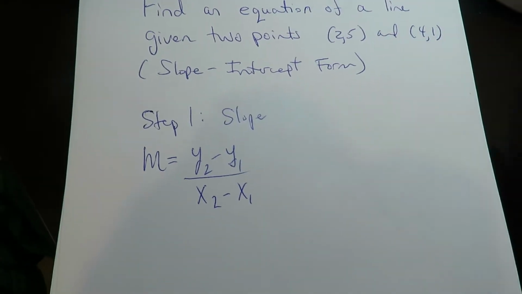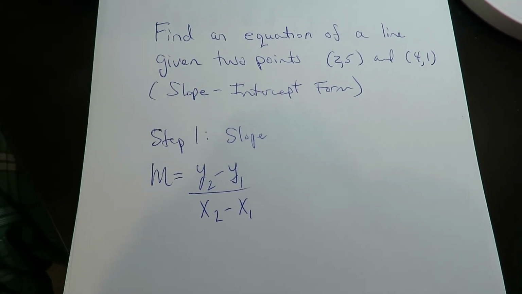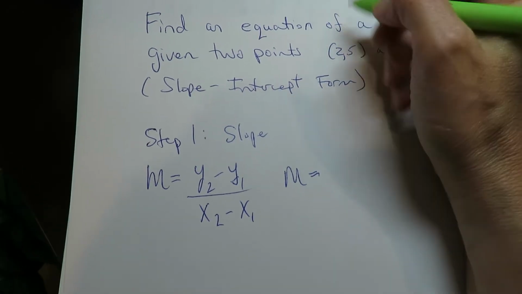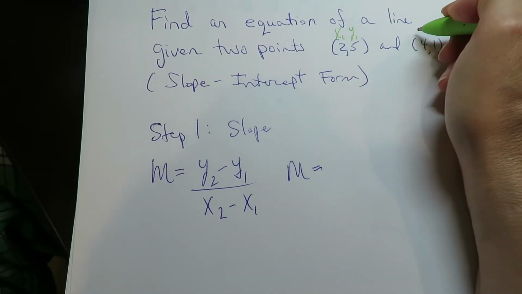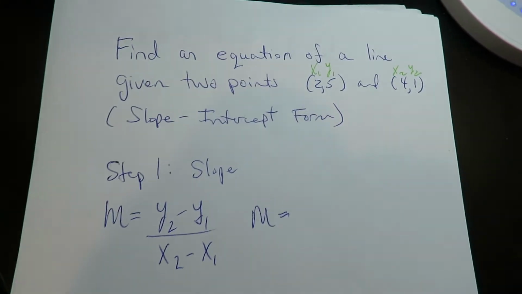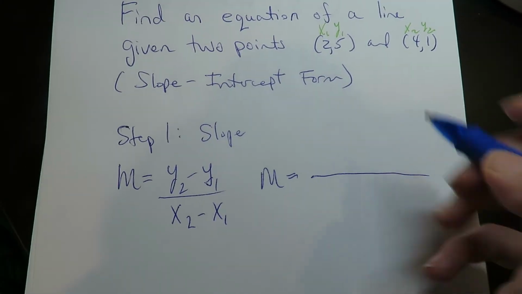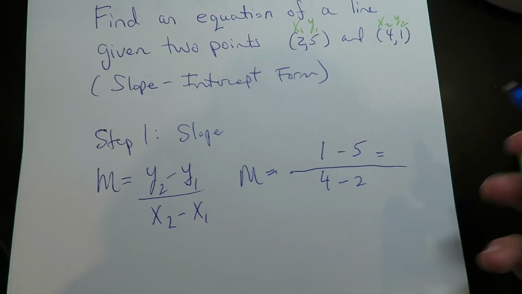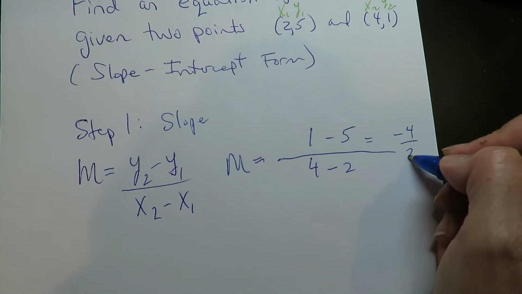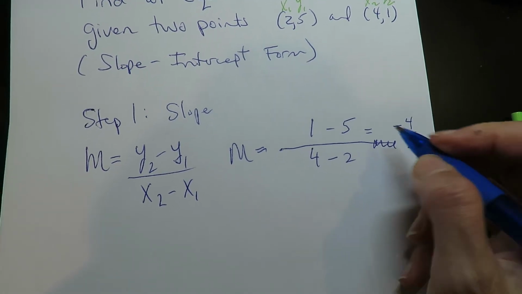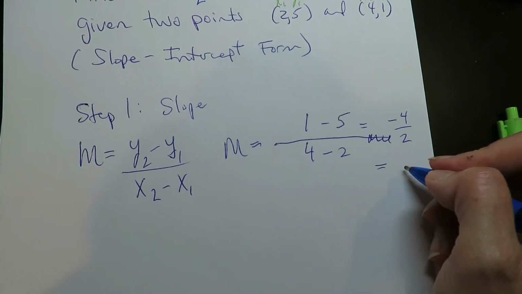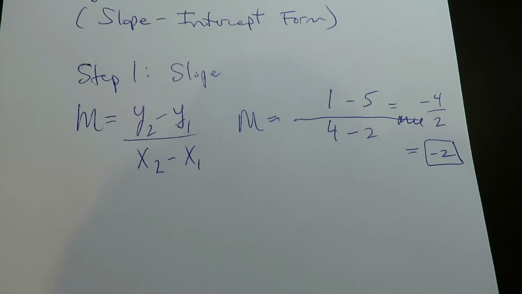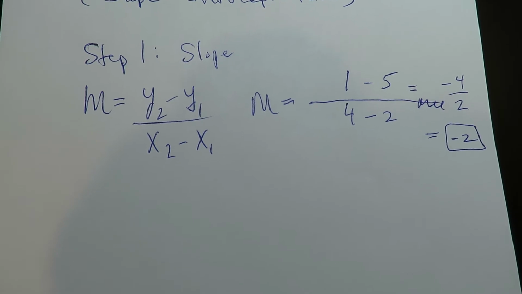We're going to use these points here to find the slope of that line. After you do all the calculations, you're going to get that the slope is -2.